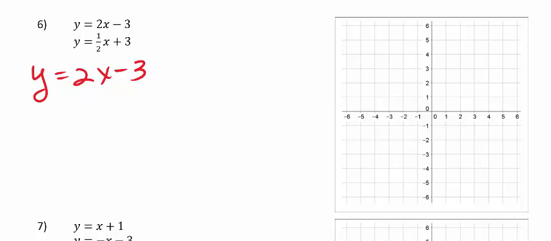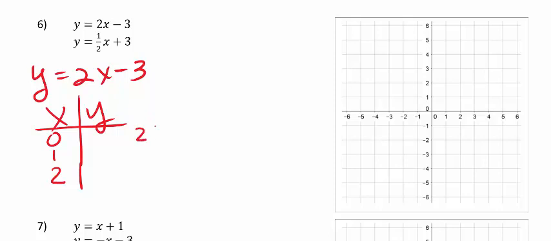I'm going to go ahead and do this one with a t-chart, which means I can just pick whatever values I want for x and then substitute them in. If I plug in 0, 1, and 2, I can put 0 in place of x, and I'm going to get 2 times 0 minus 3, and 2 times 0 is 0, minus 3 is negative 3, so we have our first point here of 0, negative 3.